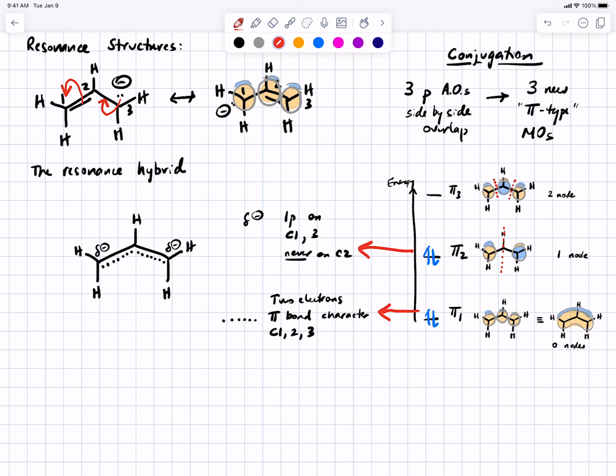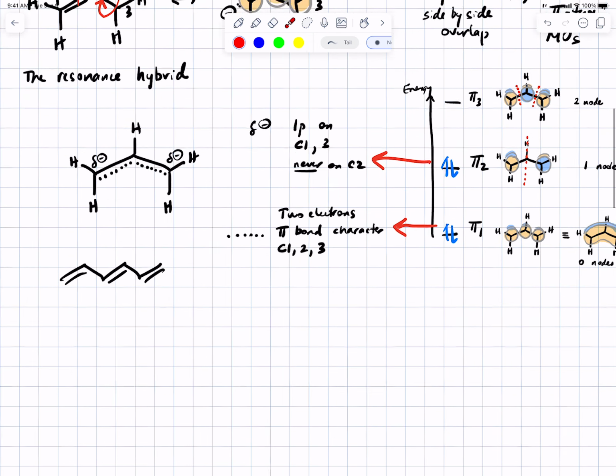All right, so on your practice exam, I'm going to give you a much larger conjugated system. I forget how big it is. I think it's something like this. I'm not going to ask you to draw the pi orbitals. I'll show them to you, but you have to rank them in energy like we've done here.